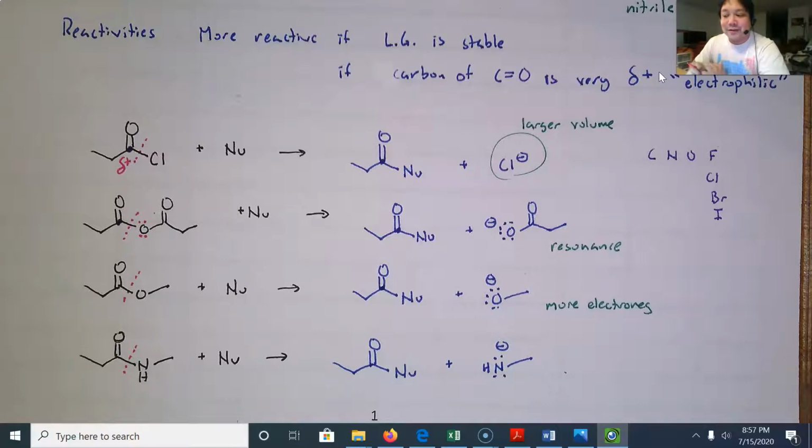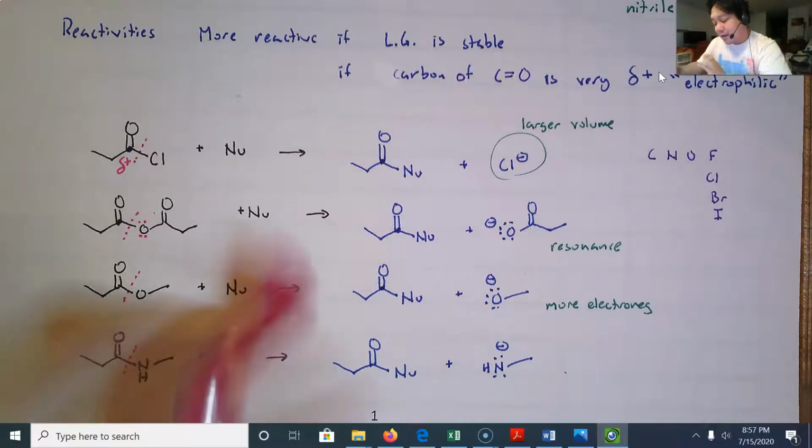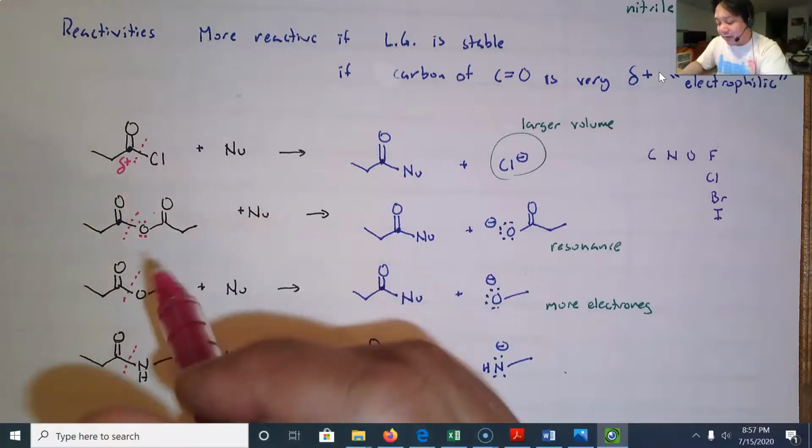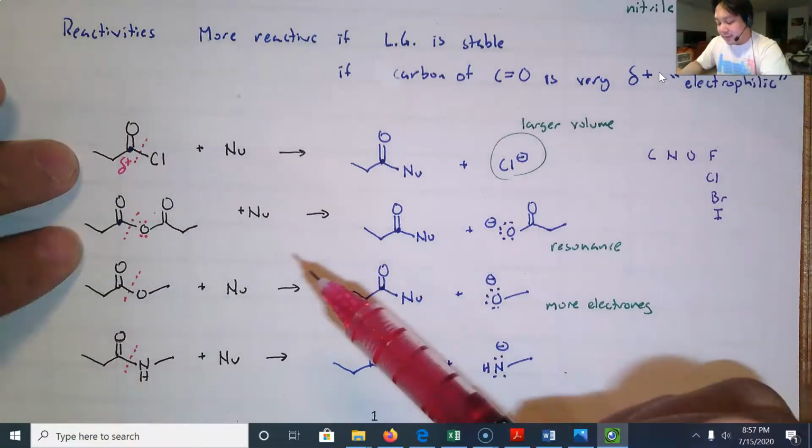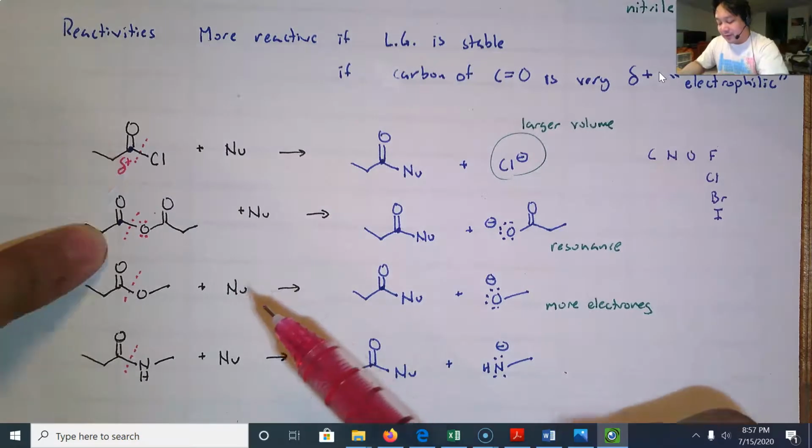Not satisfying, especially the way I described it, but we have to try to find a reason why this is more electrophilic than this one.